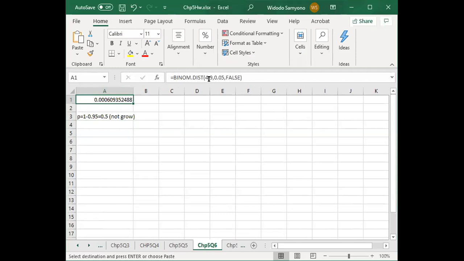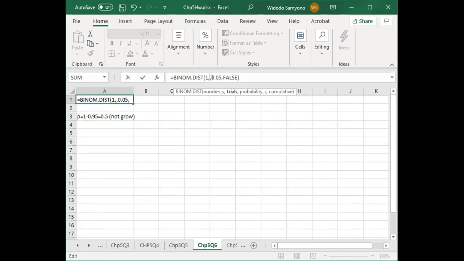Exactly one doesn't grow, so you put 1 here. And how many seeds? 11 seeds, right? And the probability will be 30%.